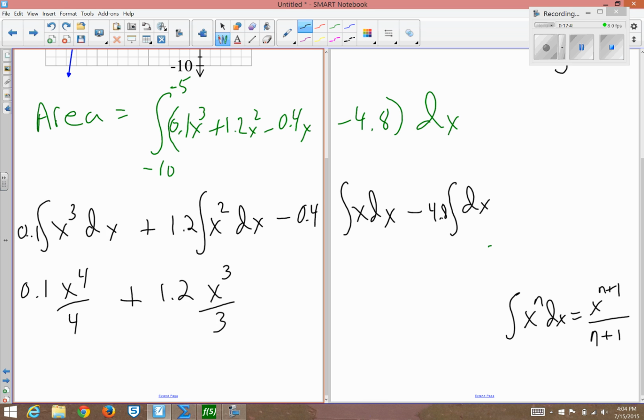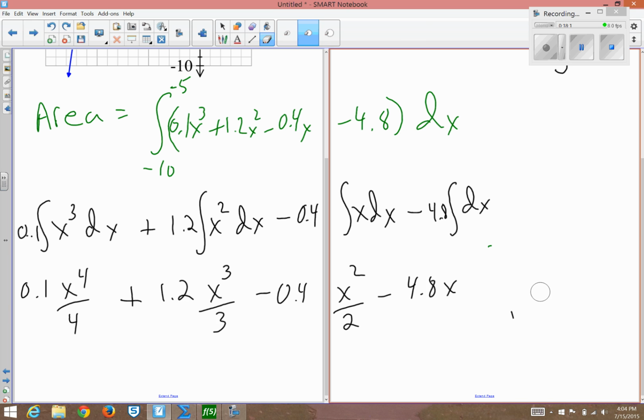So the integral symbols and the dx's are disappearing now. Copy the negative 0.4. The integral of x to the first dx is x to the second over 2. Copy the minus, copy the 4.8. And the integral of dx is just x.